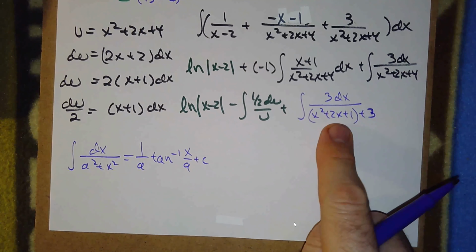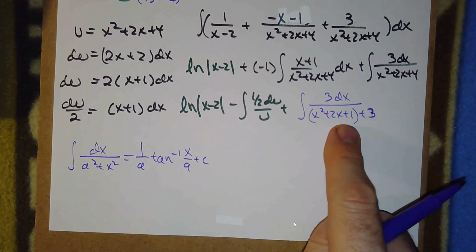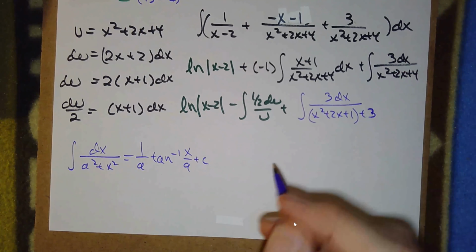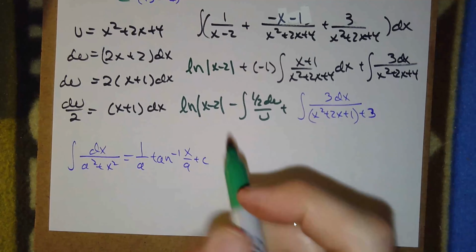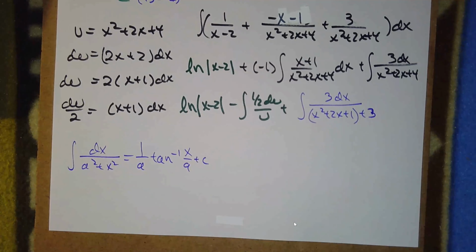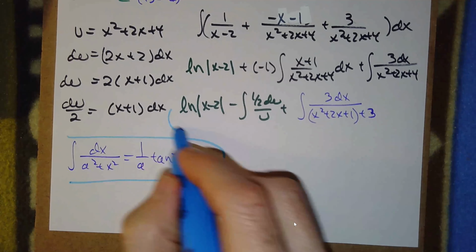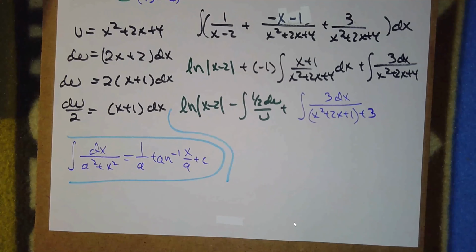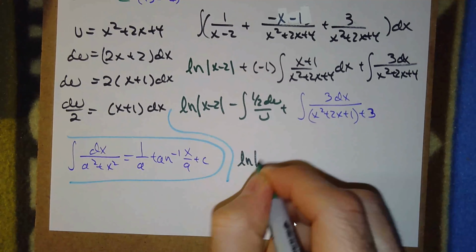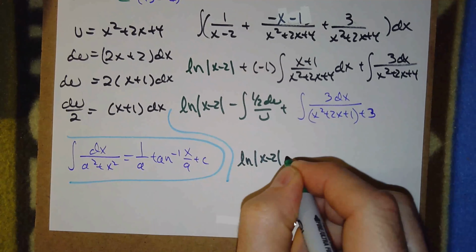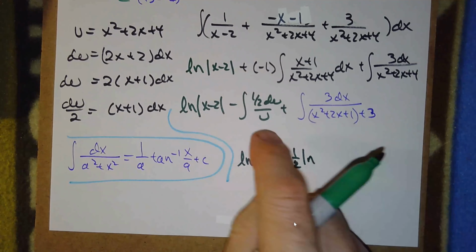That's because x squared plus 2x plus 1 is a perfect square. So I can rewrite that. And we'll continue down. So this is going to become ln of x minus 2 minus 1/2 ln of u.